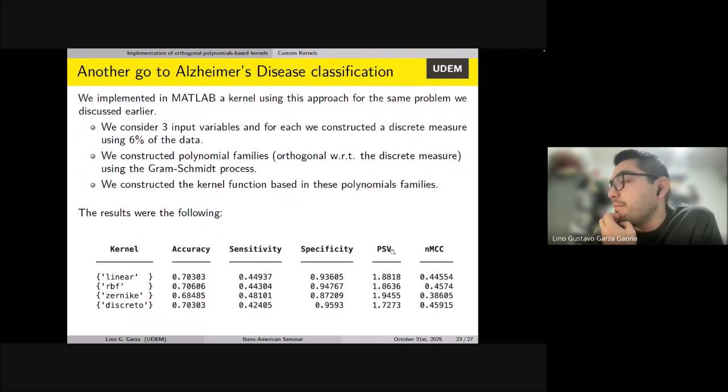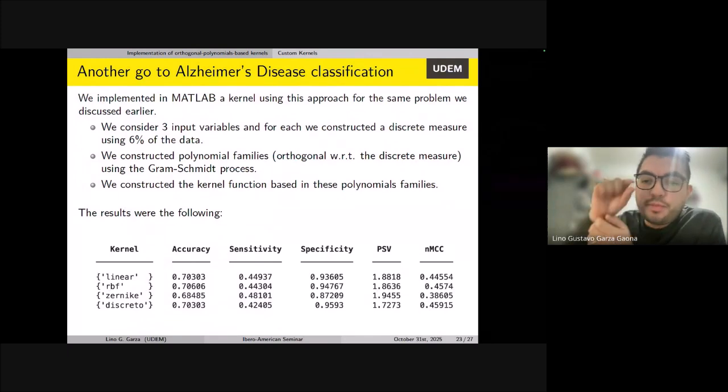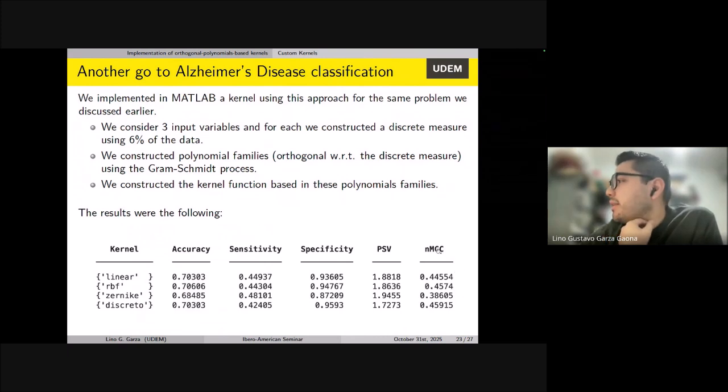Also the proportion of support vectors is lower, which is a good thing, meaning that it needs fewer support vectors to make that boundary. And I added a metric, which gives you an idea of how far from a coin toss your prediction is. So this has the best behavior among these kernels.